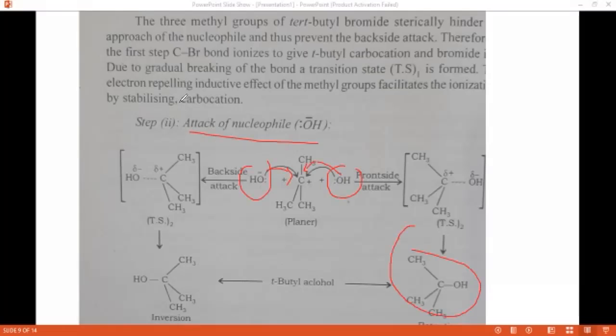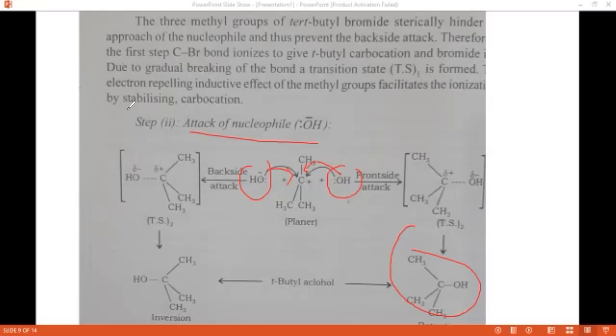This OH minus group is attached from the same side as the bromine group, that's why the retention of configuration is formed.